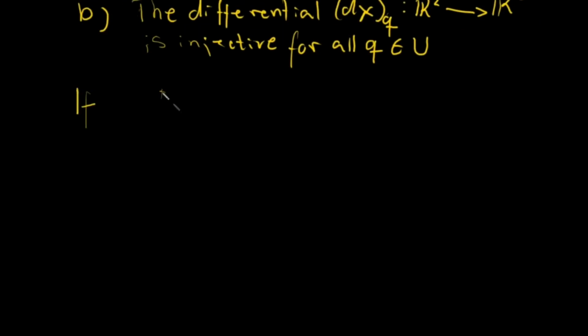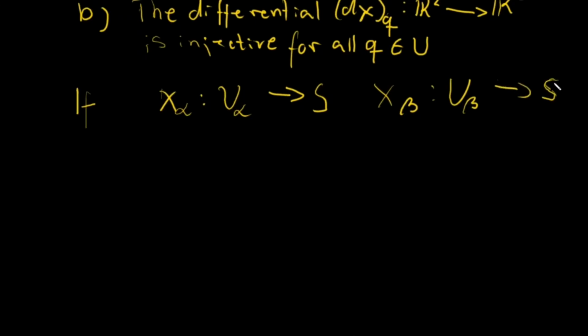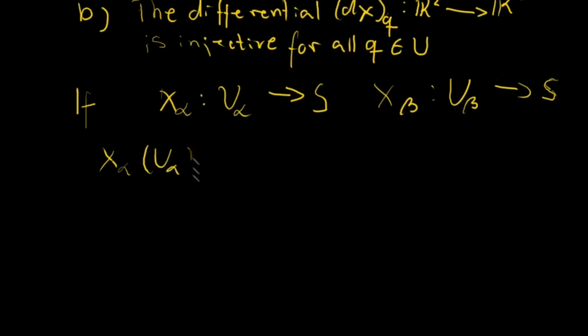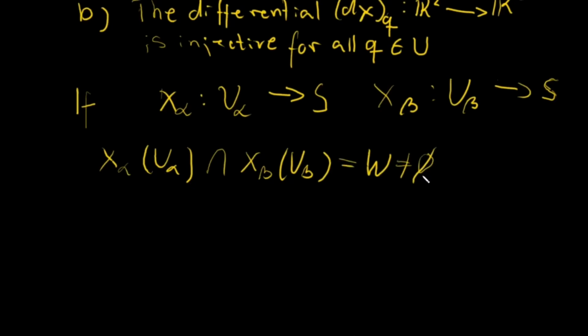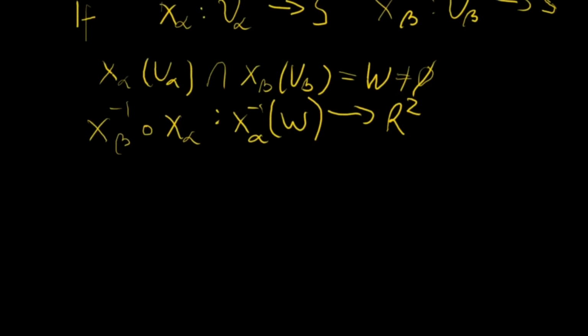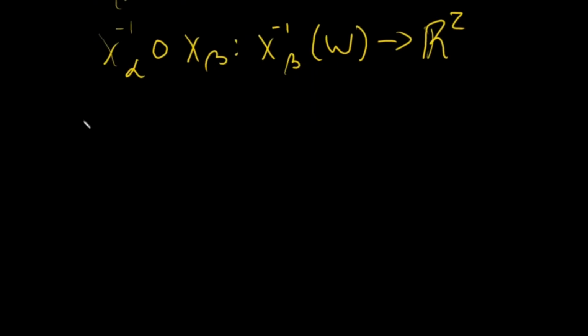More precisely, if X alpha, a mapping from U alpha to S, and X beta, a mapping from U beta to S, are two parameterizations such that X alpha of U alpha intersected with X beta of U beta is equal to W, not equal to the empty set, then the mappings X beta inverse composed with X alpha, from X alpha inverse of W into R2, and X alpha inverse composed with X beta, from X beta inverse of W into R2, are differentiable.